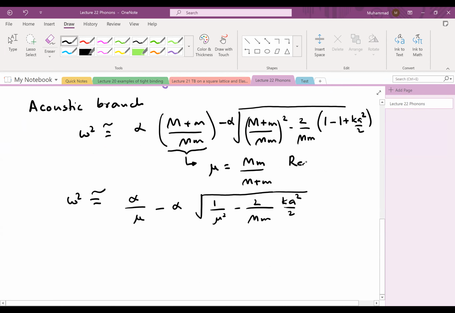Right. So my mu is called the reduced mass. So this turns out to be alpha over mu minus alpha over mu times the square root of 1 minus 2 mu square k a square over 2.